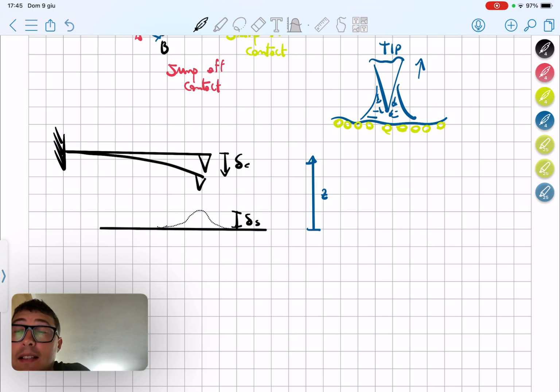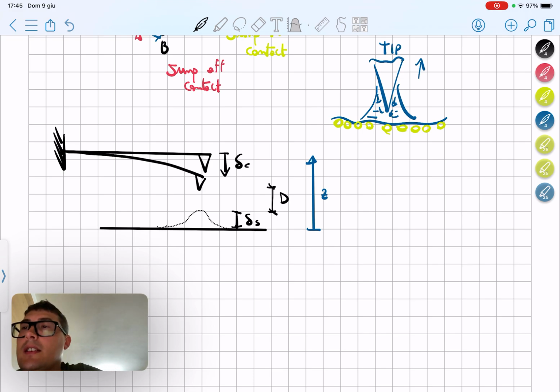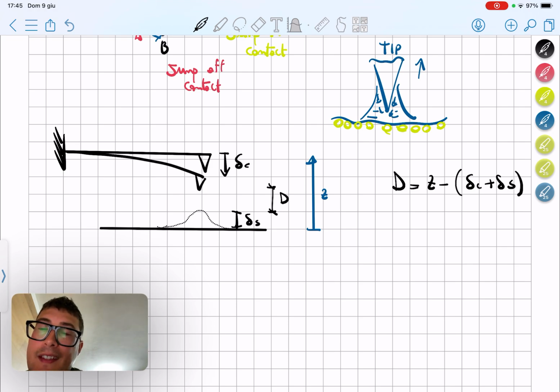The effective distance, which we may think of as this distance here, is Z minus delta C plus delta S. So this is the effective distance between the bottom part of the tip and the upper part of the sample, as it's deforming, the tip is bending, and so on and so forth.